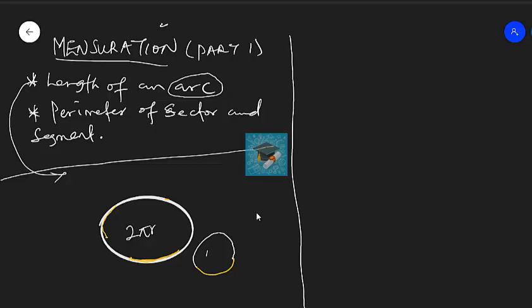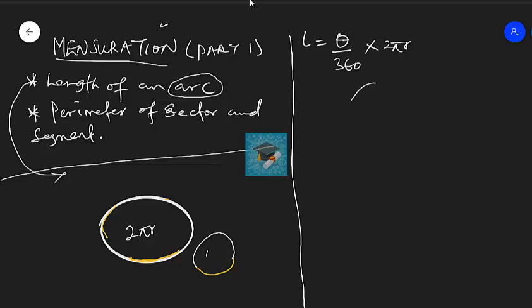Without mincing words, the length of an arc of a circle is usually denoted by L, and the formula for finding that is theta over 360 times 2 pi r. You already know that 2 pi r is the circumference of a circle.